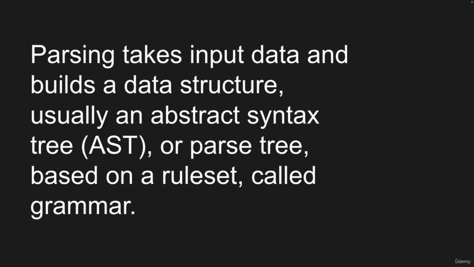Let's say 1 plus 2, it can't be plus 1 plus, for example. That would be incorrect and have the wrong grammar, which will create an error, of course. The tree is then used in the compiler or an interpreter.